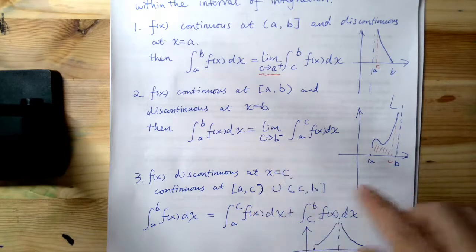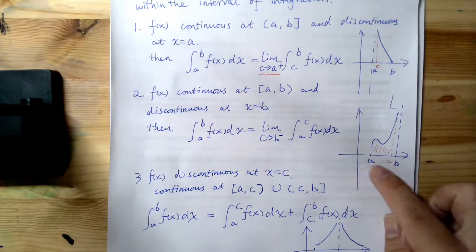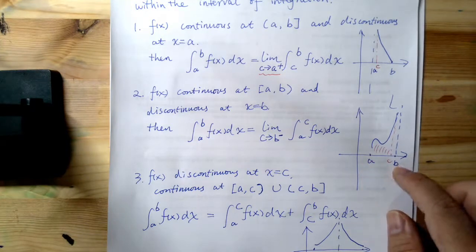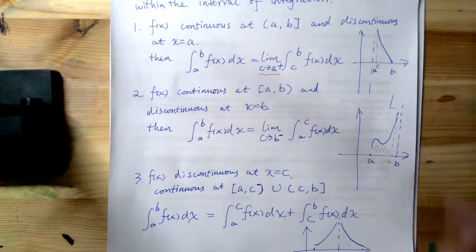Look at this graph: if f(x) is positive and I want the area under the curve between a and b, then at x equals b there is a vertical asymptote, meaning f(x) goes to positive infinity.